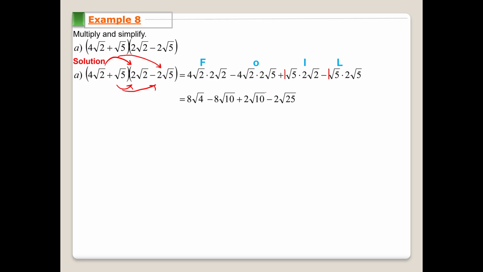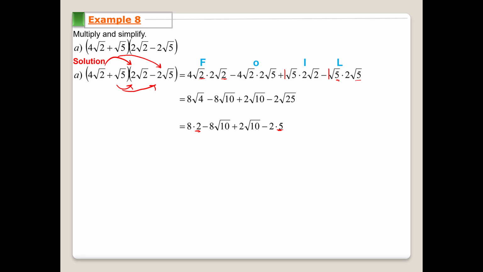It's dealing with the 4 and the 25. 2 times 2 to get 4. 5 times 5 to get 25. So that should be simplified out to get a 2 for the square root of 4 and a 5 for the square root of 25, because that's what those values simplify down to.